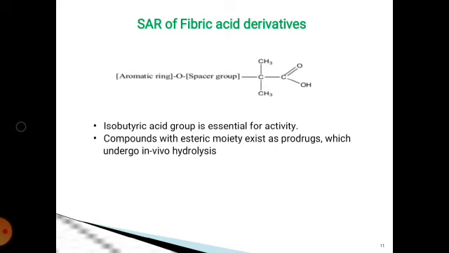Substitution at the para position of the aromatic ring with a chloro group or a chlorine containing isopropyl ring produces compounds with significantly longer half-life.